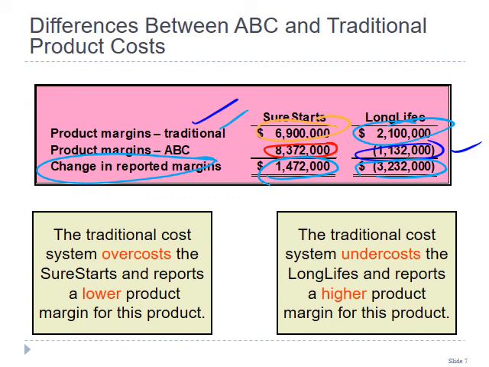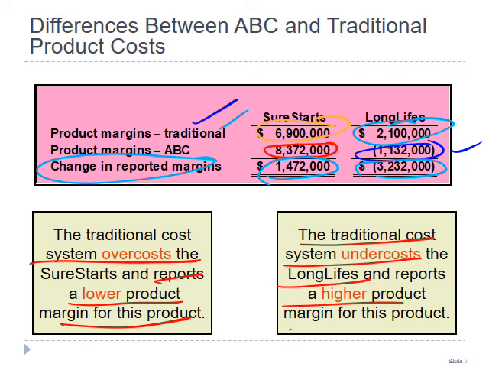So if you just compare it in words, the traditional costing system overcosts the Short Start and reports lower profit, whereas the traditional cost system undercosts the Long Life and reports a higher profit margin, right?